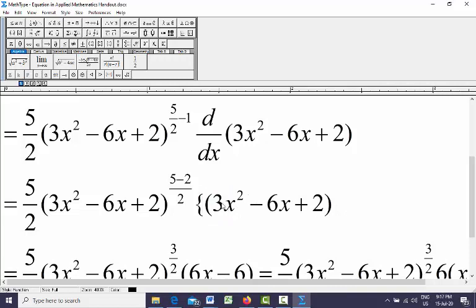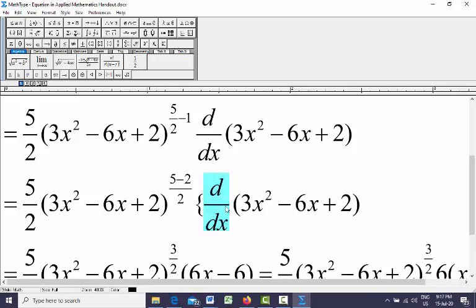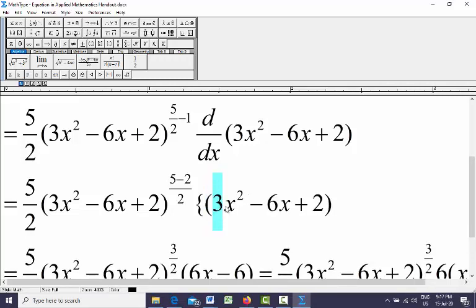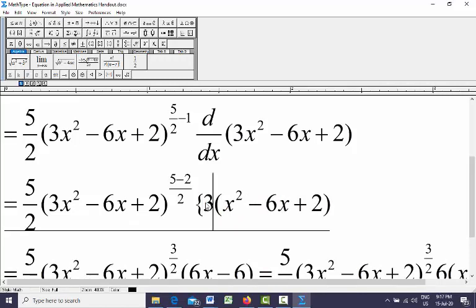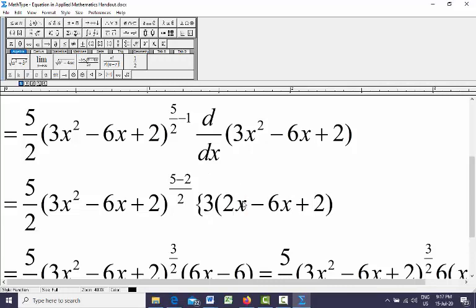We will move 3 out because this 3 is the coefficient of x square. Now we will do differentiation of x square.